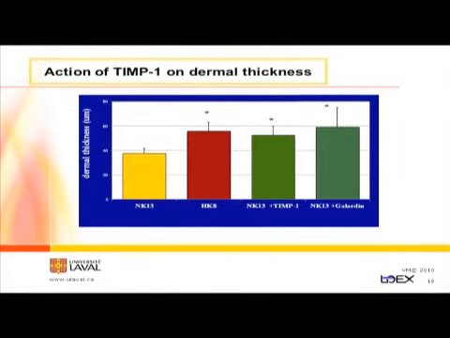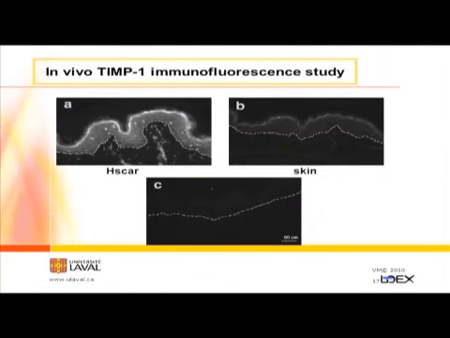We also added TIMP1 during the formation of the dermis, and as you see here in green, when we add TIMP1 in skin made with normal keratinocytes, we obtain a dermis that is increased and very similar to when we use hypertrophic scar keratinocytes. We validated our finding using biopsies obtained from hypertrophic scarring or from normal skin.